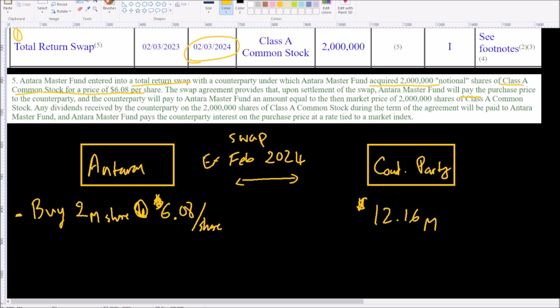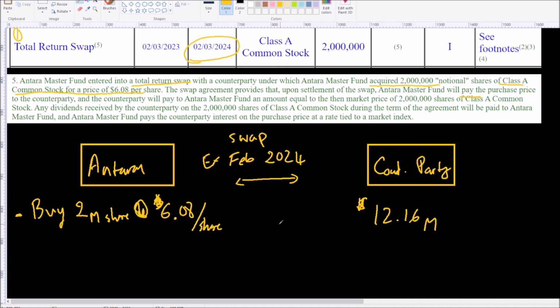Okay. In turn, the counterparty will pay Antara Capital, or Antara Master Fund, an amount equal to the shares at the market price, right?